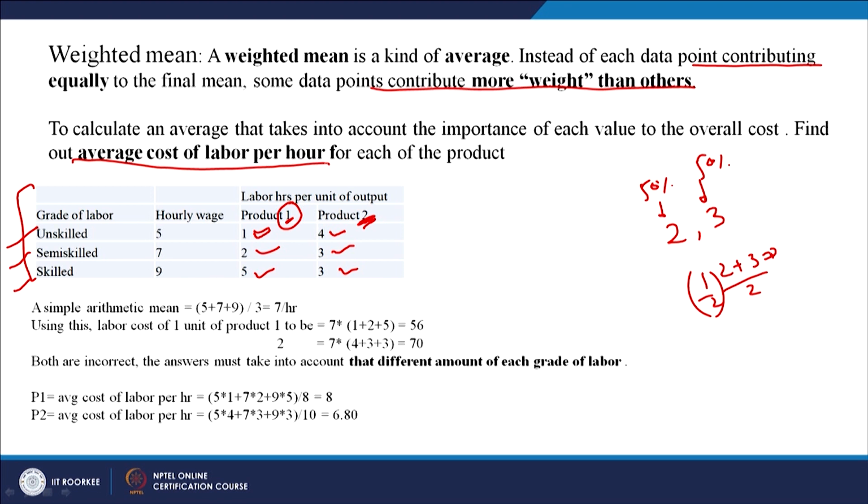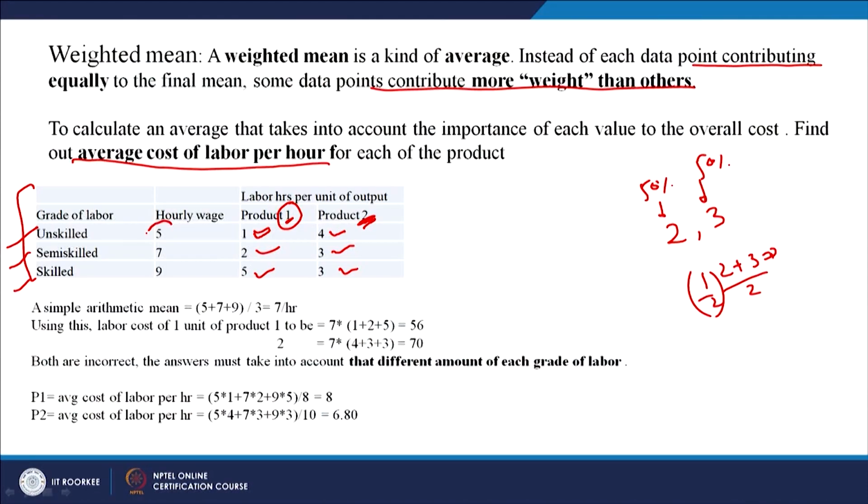Now, if you go by the method which we have seen earlier, then you will simply calculate the average of these 3, which is 7. So, you will say that the average cost of labor per hour is 7, but this is not a right answer. Why is this not a right answer? Let us say if this answer is 7, then for making product 1, how many hours are you requiring?